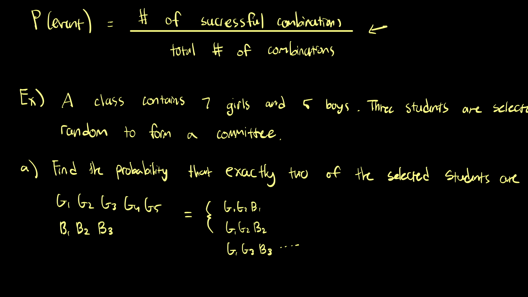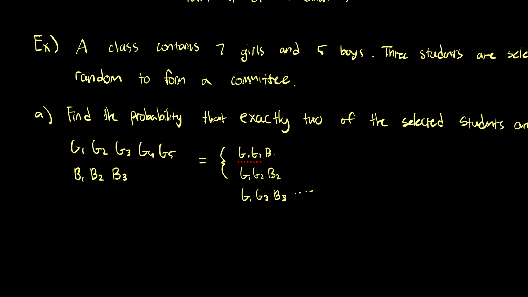So committees that exactly have 2 selected girls. So the way we would get this is by saying that it is the number of committees that have exactly 2 girls over the total number of committees possible.